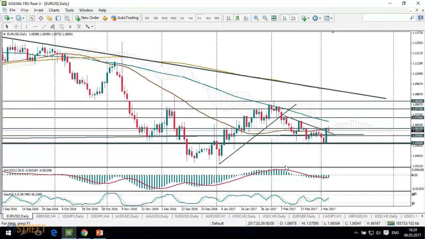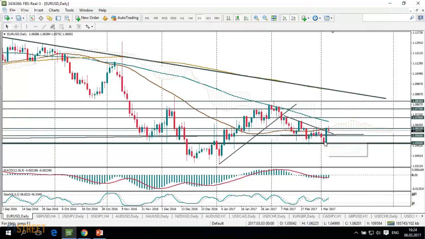So we can see how the market is becoming more bullish on the euro, how traders start to expect less dovishness from the European Central Bank and some movement towards normalization of its policy. Such expectations are positive for the euro.